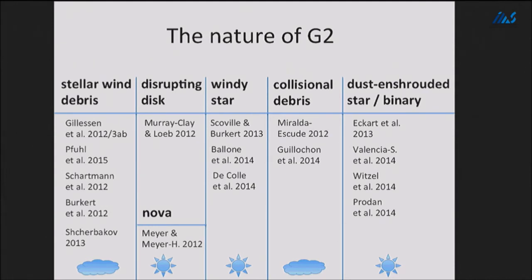So I think the rate and/or the probability that we would see it is sort of overestimated by something. But of course the windy star models have problems with the Brackett gamma luminosity that doesn't match. But I wouldn't a priori exclude models now.